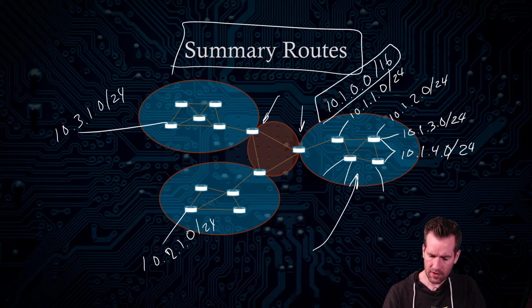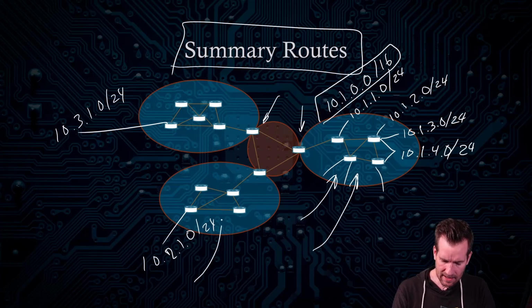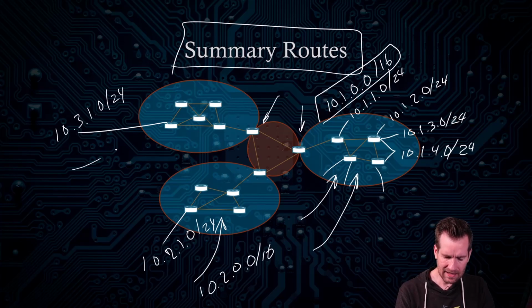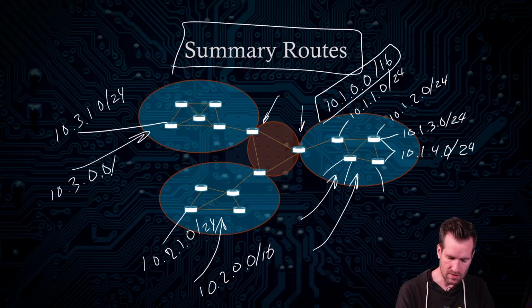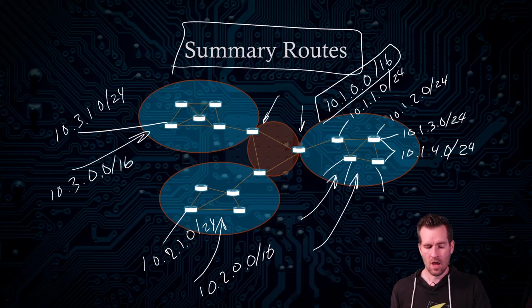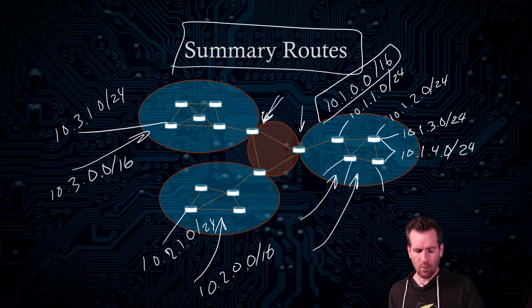All the networks that are within this area fall under here. Everything in this area right here is the 10.2.0.0/16 range, and everything in here is the 10.3.0.0/16 range. So what would happen is at these area border routers, that would get summarized.